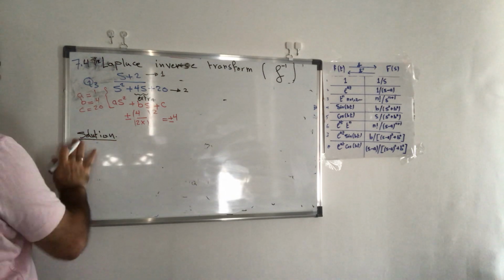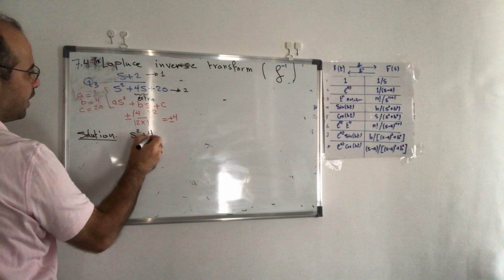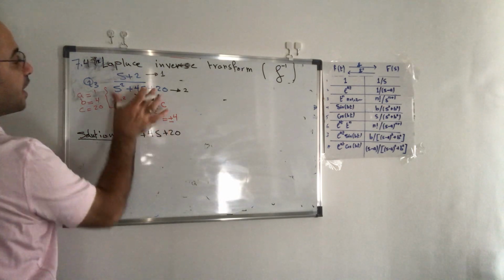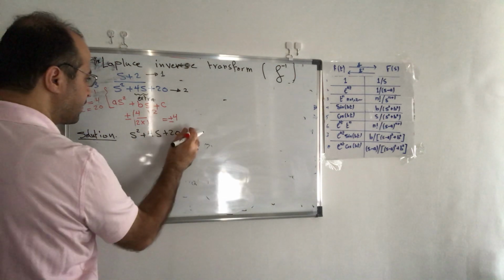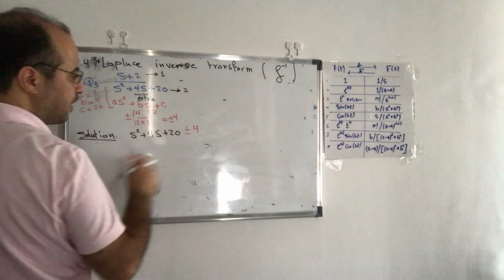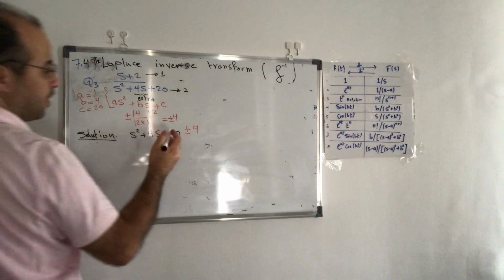Here is the solution. I'm going to go for s squared plus 4s plus 20, which is the denominator here, and then I add and subtract that 4, which is b over 2a squared, right?